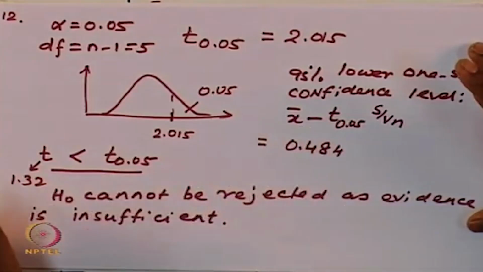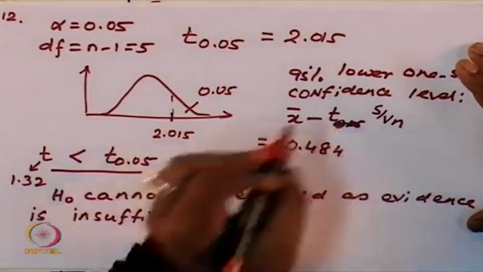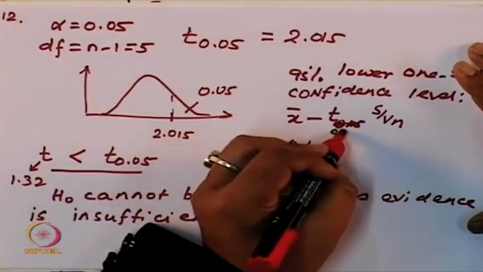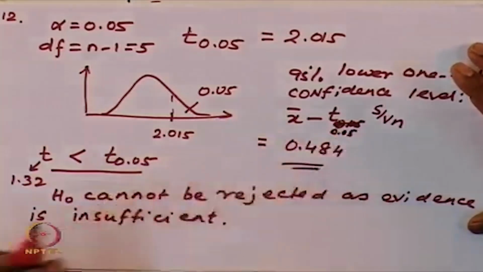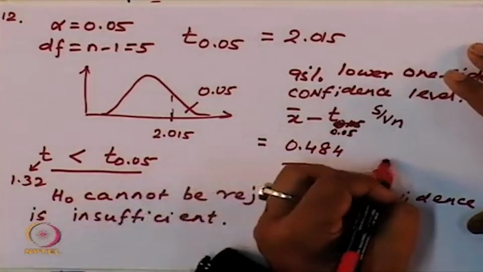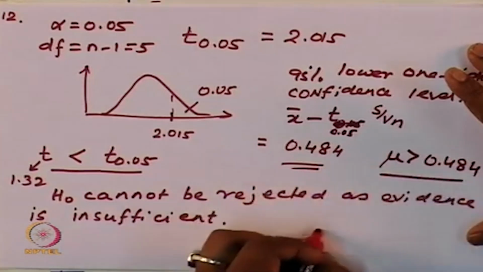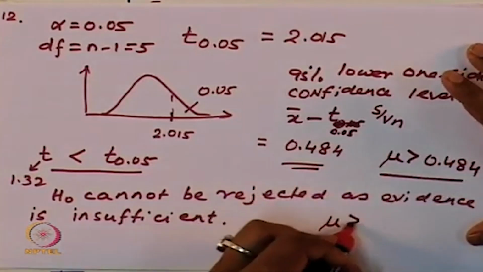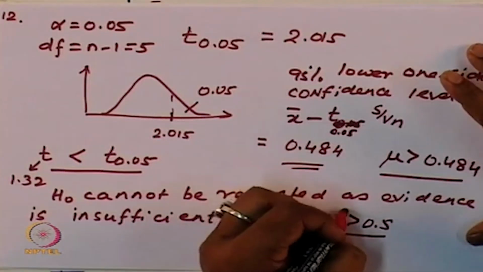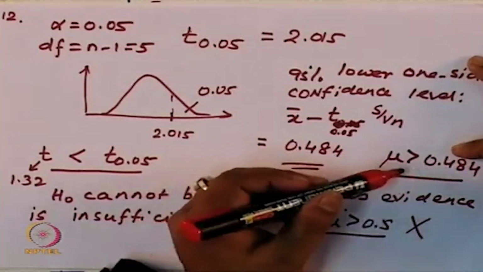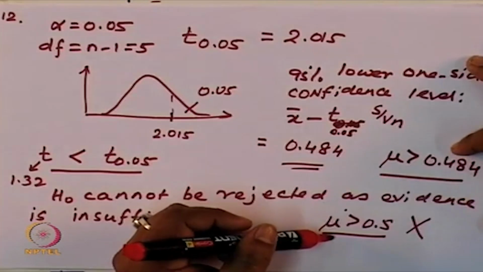So, this tells us that mu is greater than 0.484, but our assertion was mu is greater than 0.5. So, this is not established, because even a value of 0.49 is not greater than 0.5.